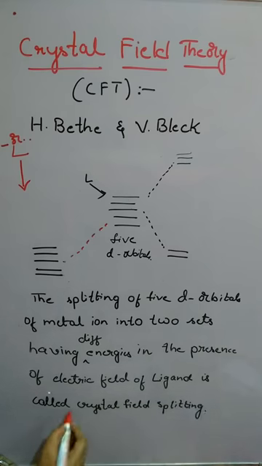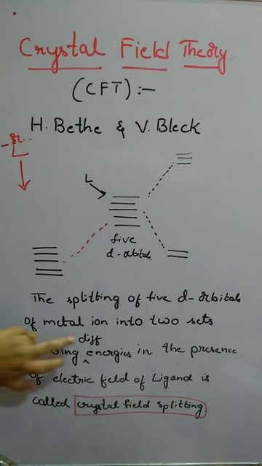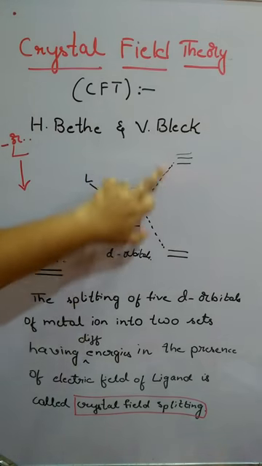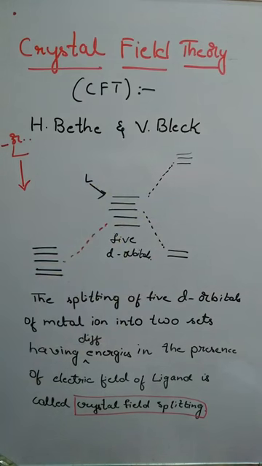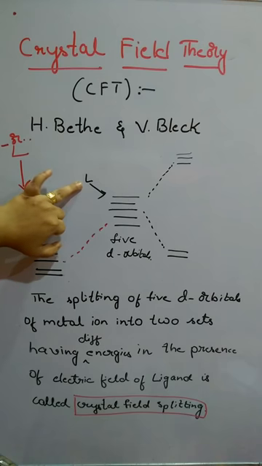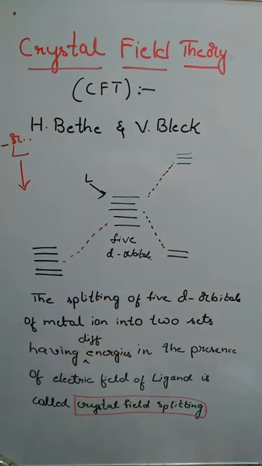So what is crystal field splitting? It is the splitting of the 5 d orbitals of a metal ion into two sets having different energy. One set is with higher energy, another set with lower energy, in the presence of the electric field of the ligand, and that splitting is called crystal field splitting.